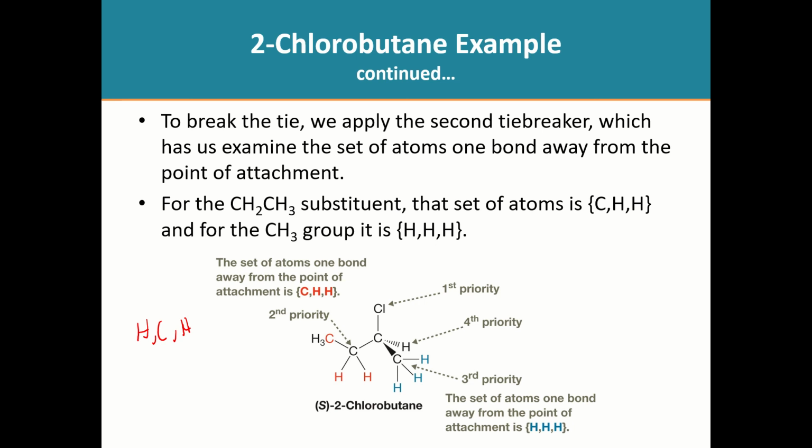Once you find all the atoms that are directly attached to this carbon here, which are shown in red, you then take that list that you made and you prioritize them by size. And so you can see how we've written it like that: C, H, H. After you've identified the atoms that are attached, prioritize them by order of size.